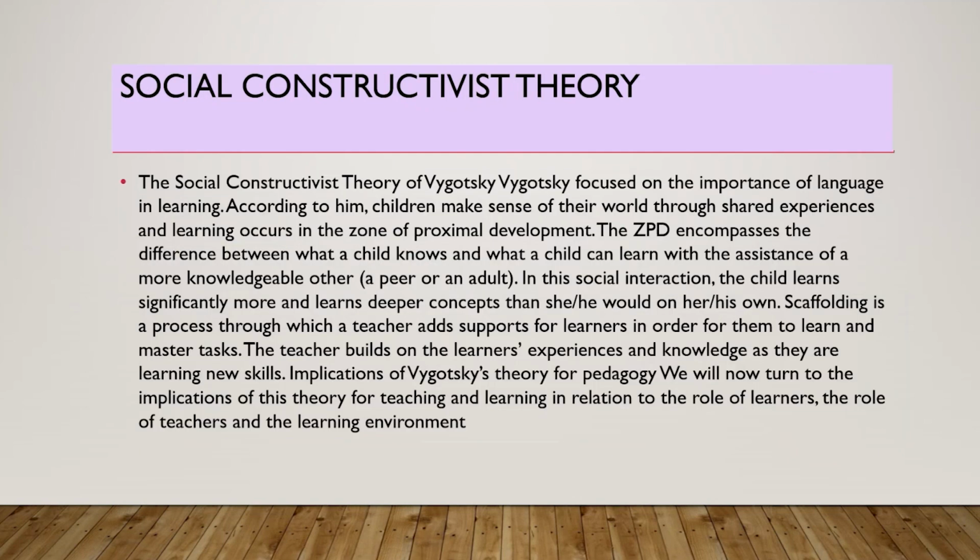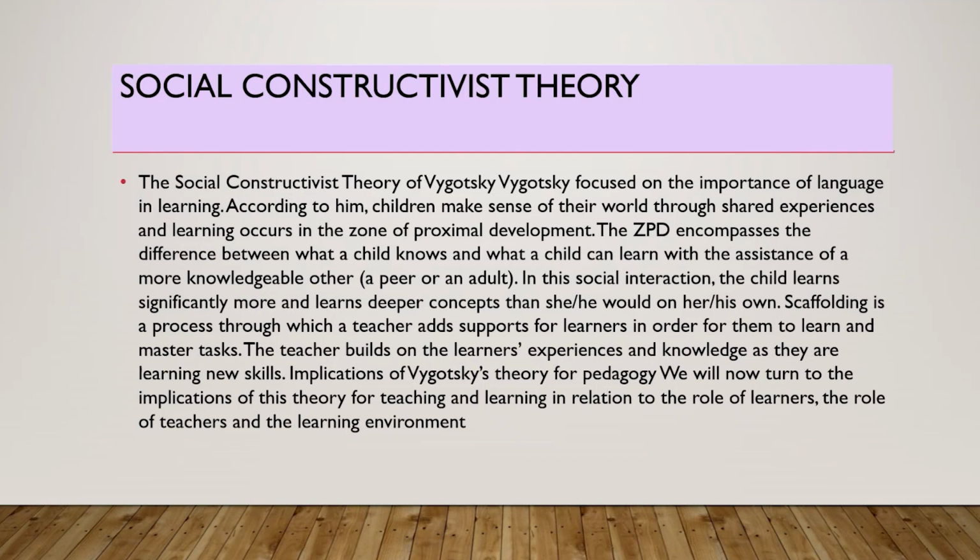Then we come to the social constructivist theory, which is Vygotsky. He took on what Piaget proposed as a theory of development and added to it. According to him, children make sense of the world through shared experiences, and learning occurs in the zone of proximal development.